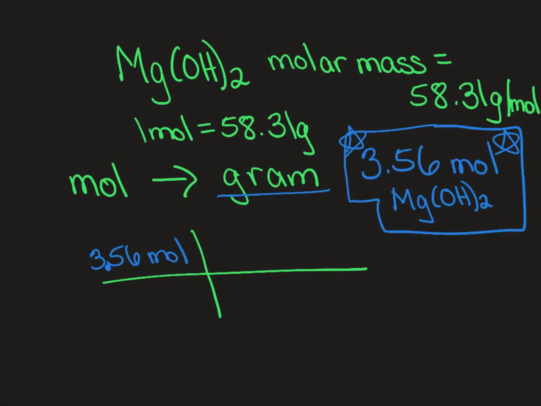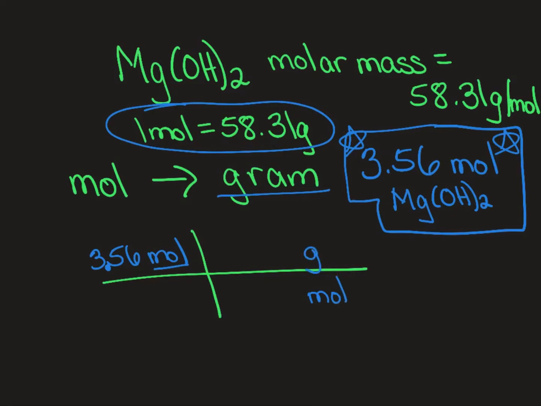Let the unit tell you how to set up your conversion factor. So our conversion factor is coming from this relationship right here. 1 mole equals 58.31 grams. So use this unit mole to tell us what to write down here on the right, and then grams is going to go on top.